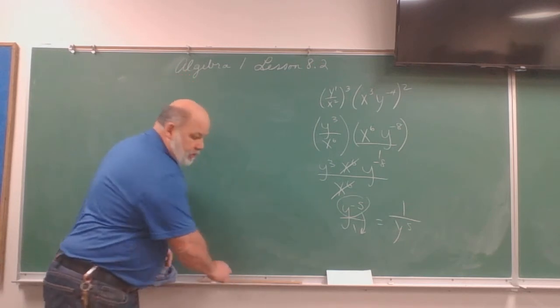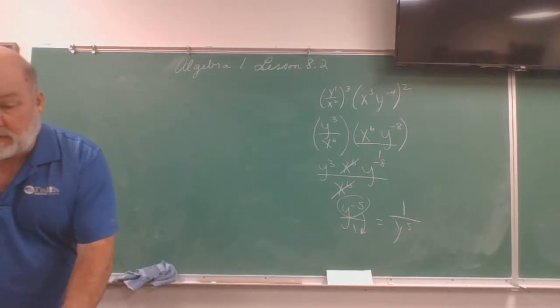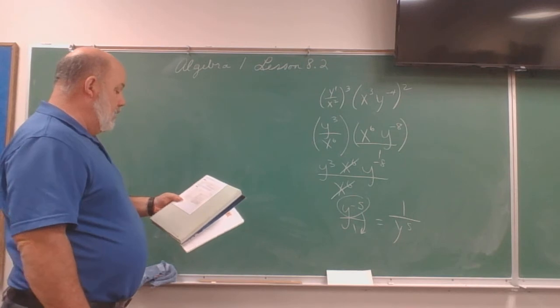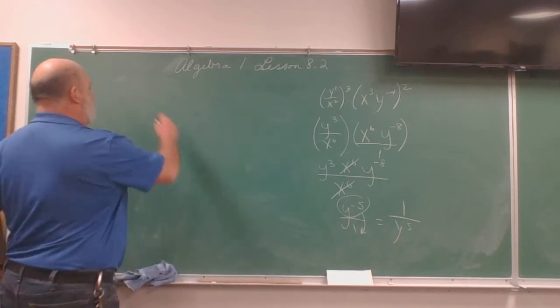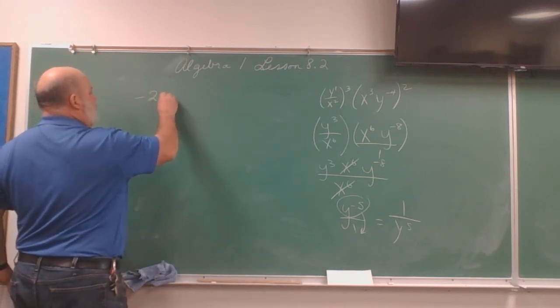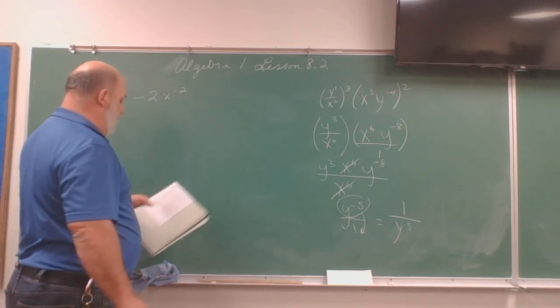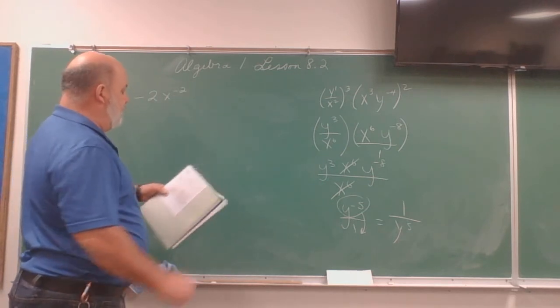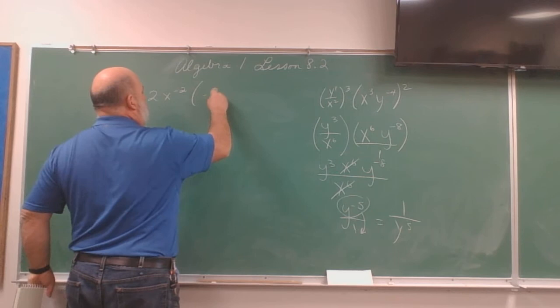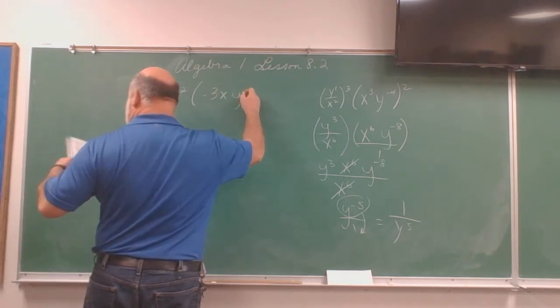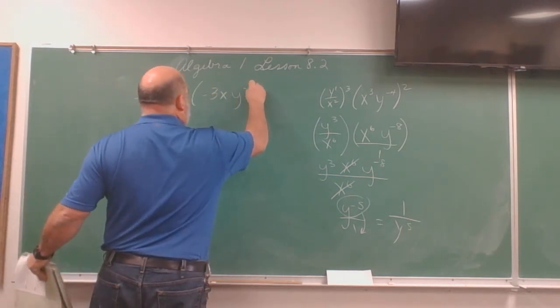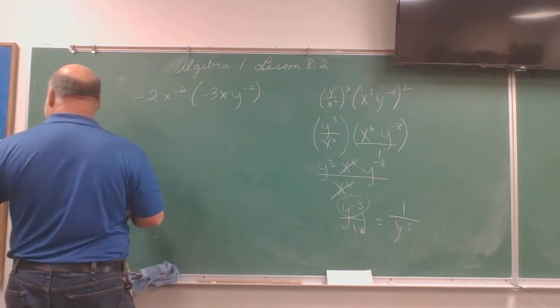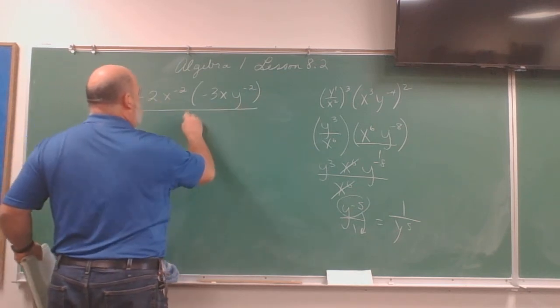The last example, actually there's 2 in example 6. It says simplify these expressions. Negative 2x to the negative 2 power, negative 3xy to the negative 2 over 12.